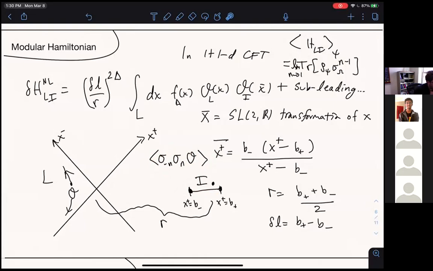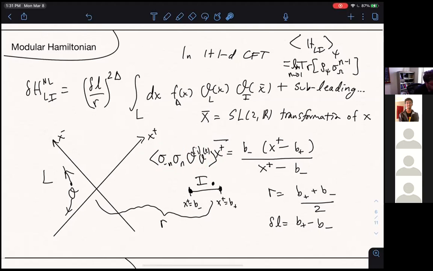So the leading thing is actually a multi-replica operator. What we call a multi-replica operator is one operator in one replica, another one in another replica, and so on. So this operator kind of looks like a 4-point function, but it's really a 3-point function in the replicated theory, where this is thought of as a single primary operator in the replicated theory.